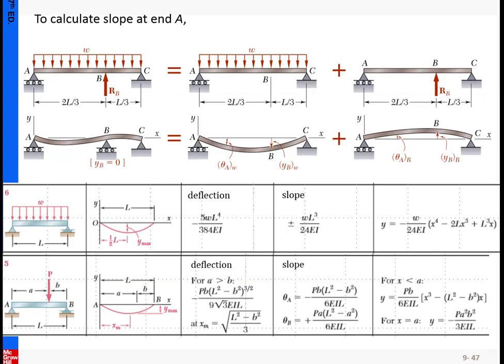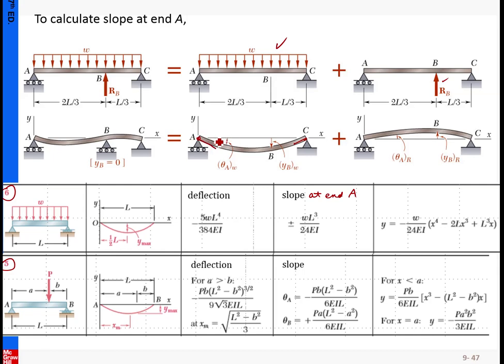Okay, so for this case, I highlight again: for the distributed loading, we have case 6, and for the point loading, we use case 5, and right now we focus on our slope. For the slope at point A, we have this pattern. Positive is for one end and negative is for this end.